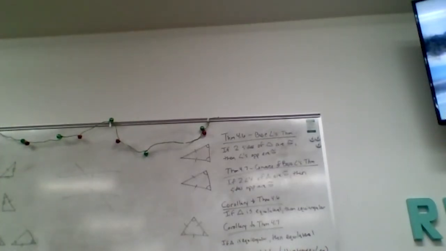So don't let all the excess stuff throw you off. We're just focused on that. And what kind of angles are those? Alternate interior angles, right? So we can find the measure of the angles based on what we know with our various theorems.